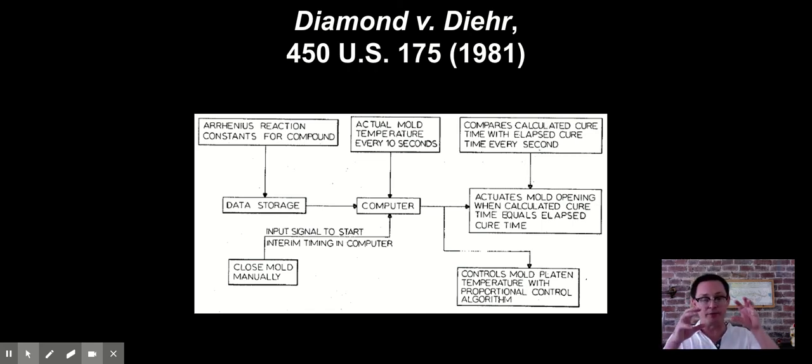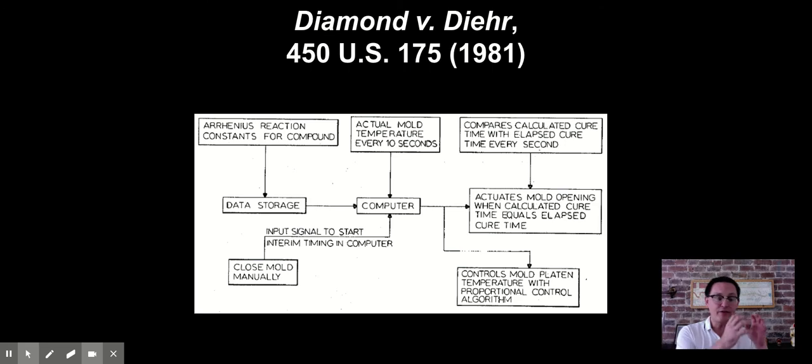The patent claim went to using this formula to control the rubber curing process. The response was, well, this patent's invalid because it's a claim over a mathematical formula. And the court said, yes, the mathematical formula itself isn't patentable subject matter, but the application of the mathematical formula in a particular context is.